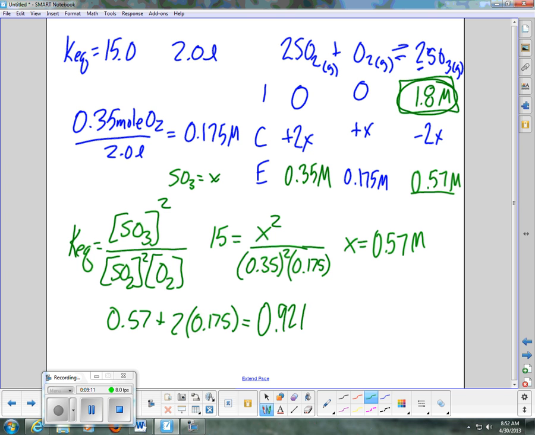Okay, so that was molarity, and then you times it by the 2 liters, and that will give you the 1.8 moles. So we'll get rid of the M up here. Okay, 1.8. We got 2 significant figures. So that is the answer.